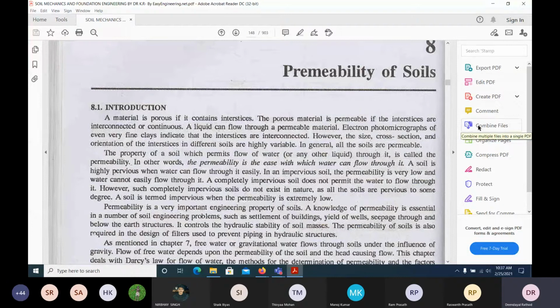In which soil will your permeability be more? Which soil allows more water to flow?